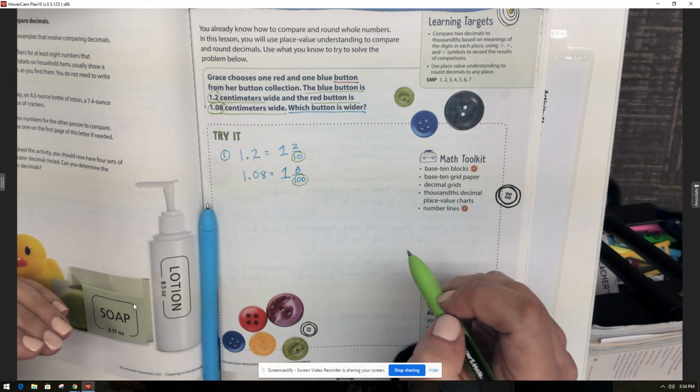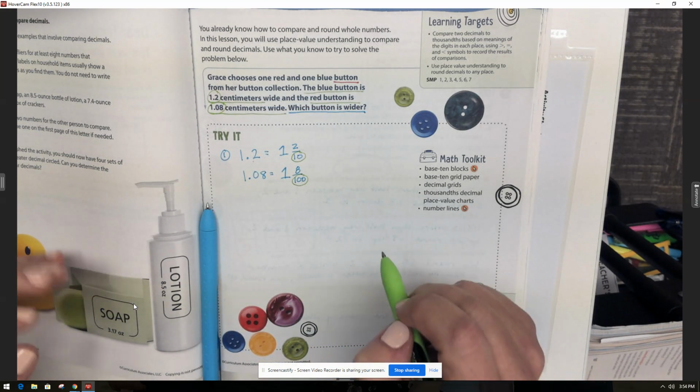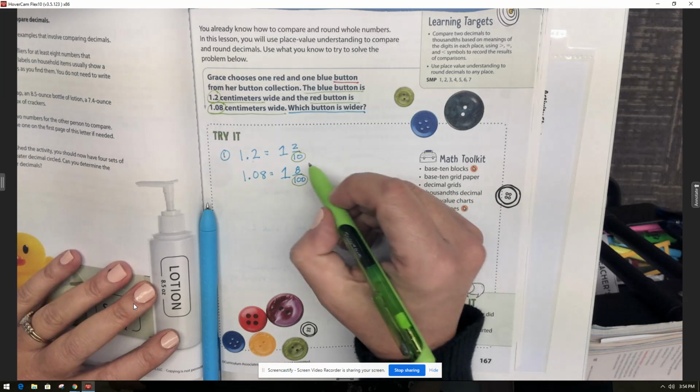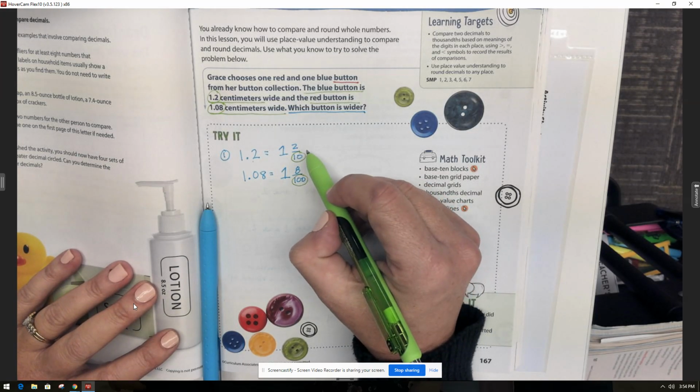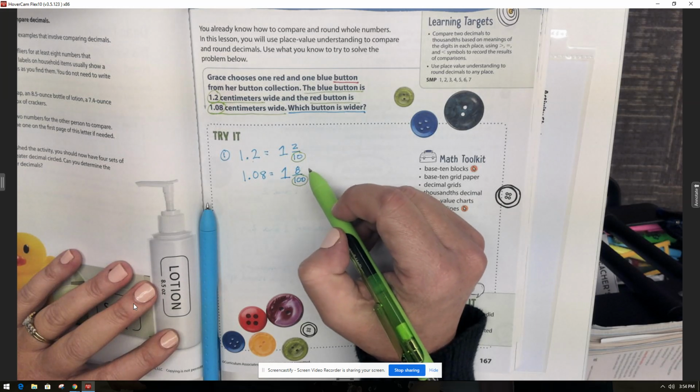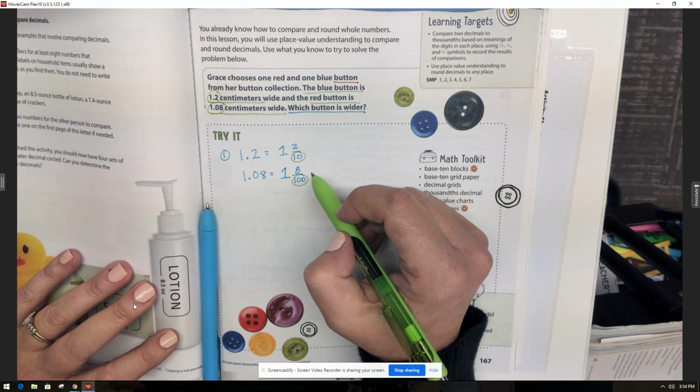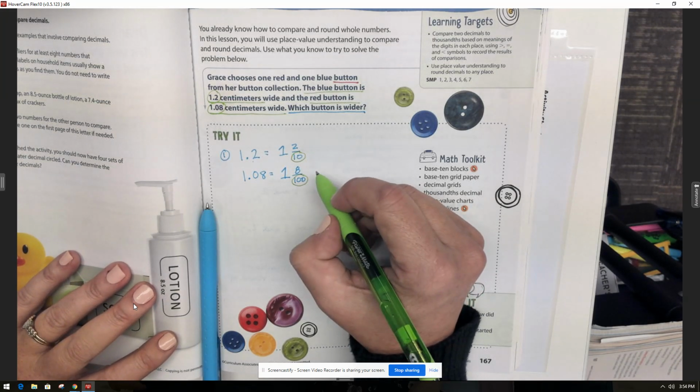So remember the trick that I taught you guys last week. The trick was that if you add a 0 to both the numerator and the denominator, it makes an equivalent fraction, but it doesn't change the size of the fraction. It just makes it equivalent.